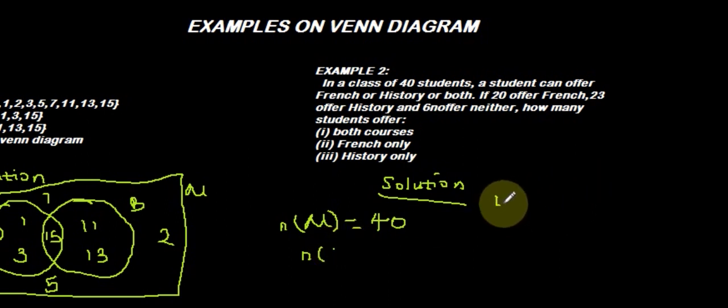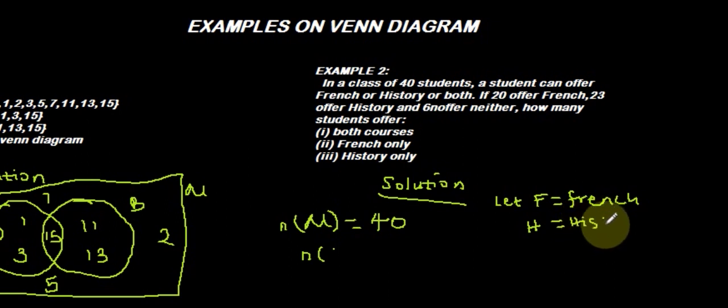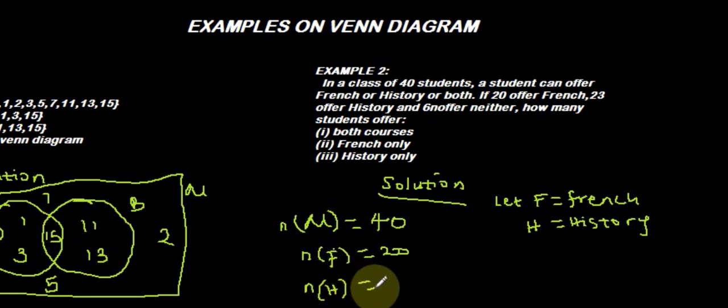Let F be for French and H for history. This is T. So the number of people offering French, we have 20, and the number of people offering history, we have 23. Now let's illustrate this using a Venn diagram.